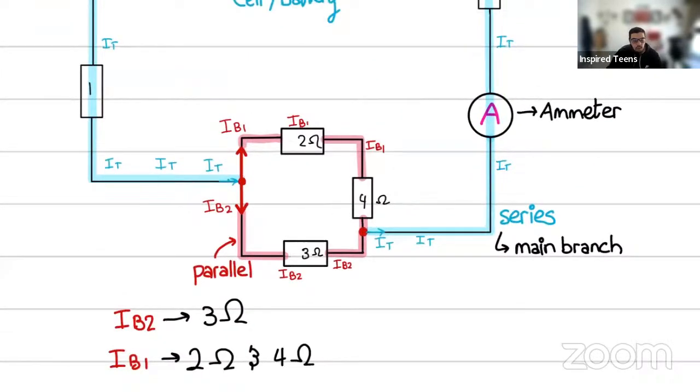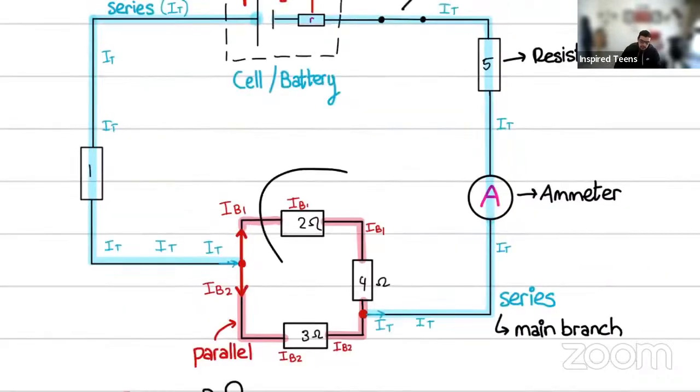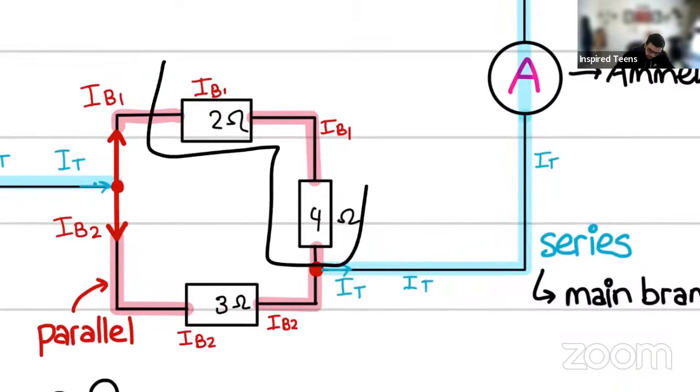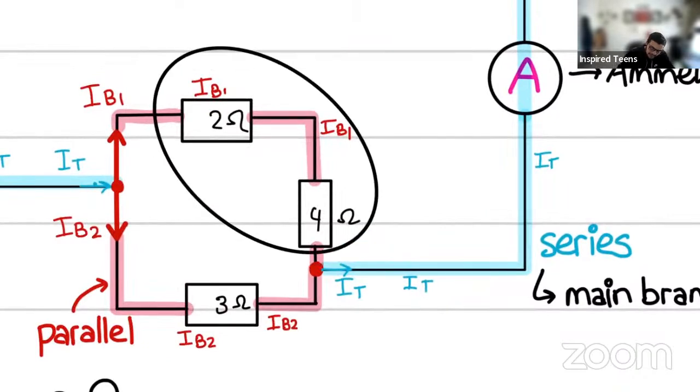Now, what you need to notice is on this parallel branch, even though this is the green, this is the red parallel part of the circuit, on this parallel branch we have 2 resistors, and how are they connected? They are connected in series. If you can see that they are continuous, right?